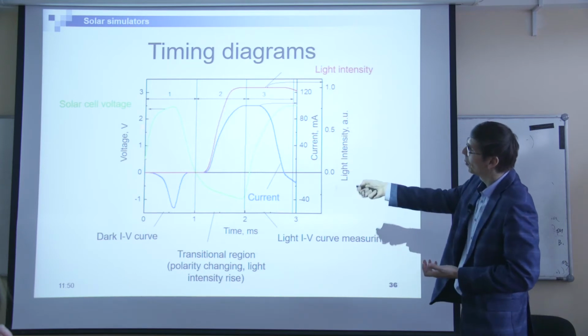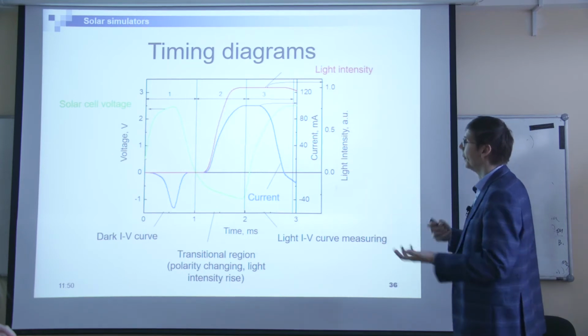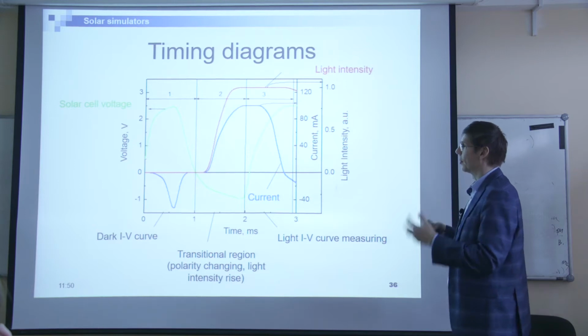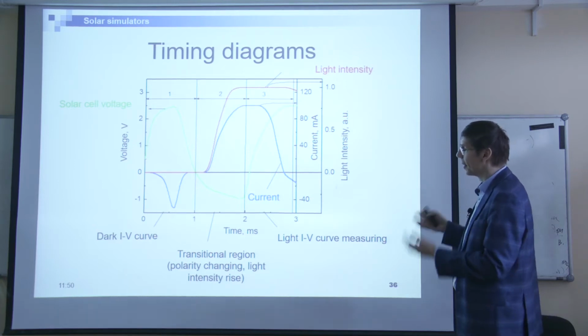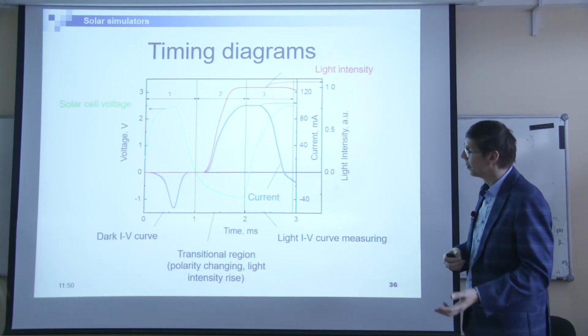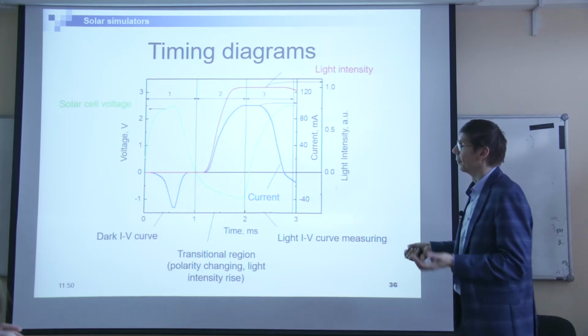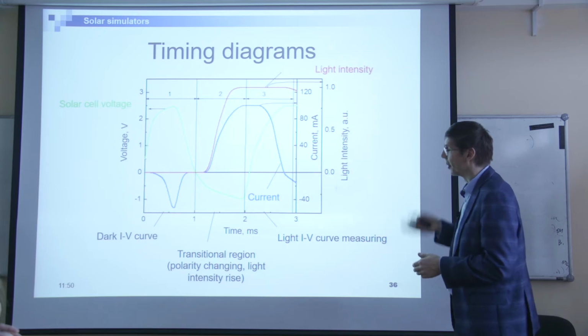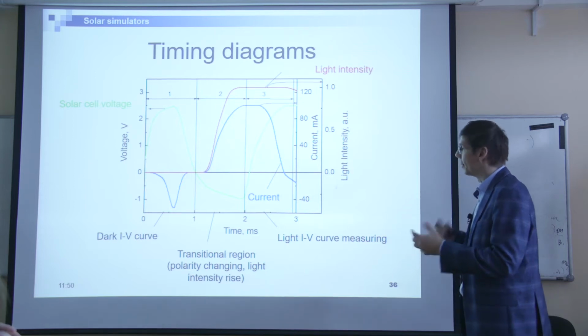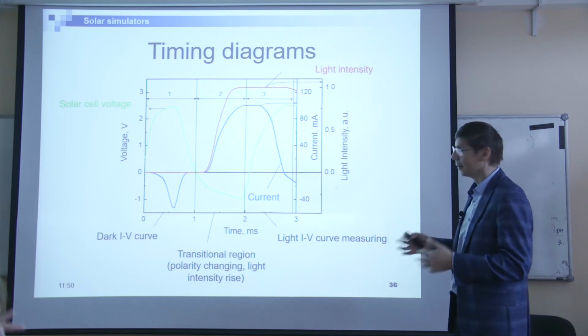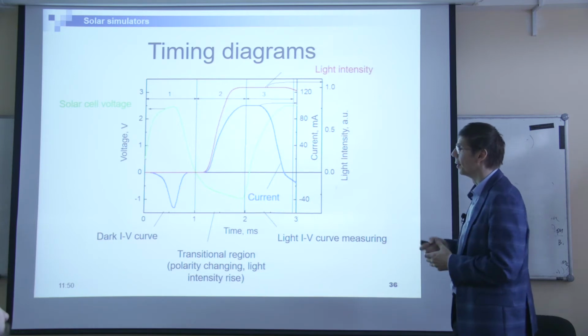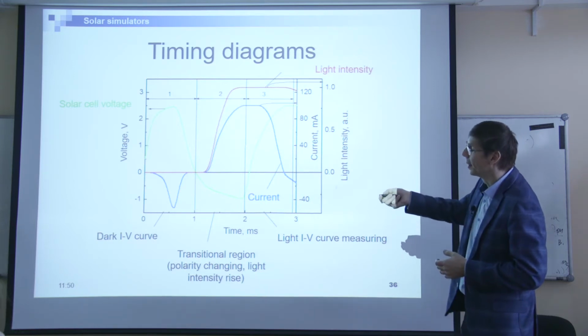So, you apply some voltage, and measure current. Here, it's just some way to present results. So, the photocurrent has a positive sign, and dark current has a negative. It's opposite to the physical presentation, but I told you that on the first slide.